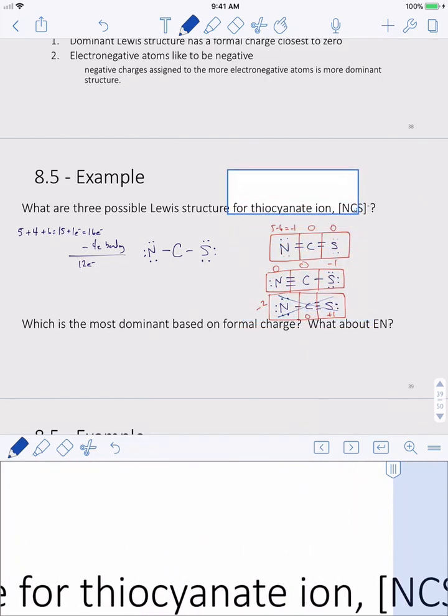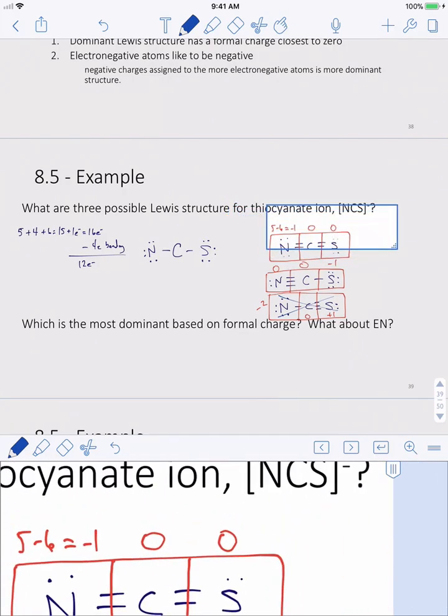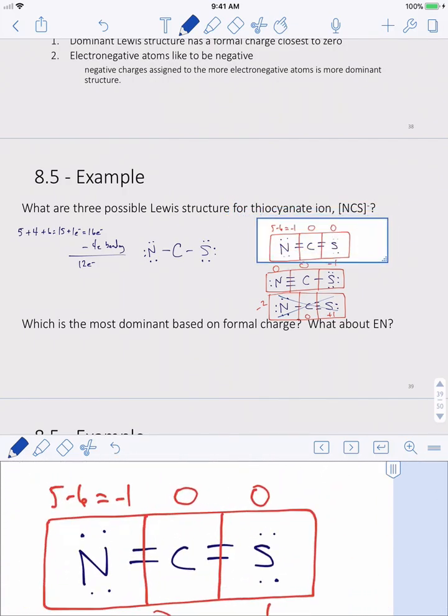Okay, so in these two we have a negative charge residing on a sulfur or a negative charge residing on a nitrogen. And nitrogen is one of the NOFs, the most electronegative atoms. So the first structure here is really the dominant Lewis structure. This is the one that we are going to put as the right Lewis structure.